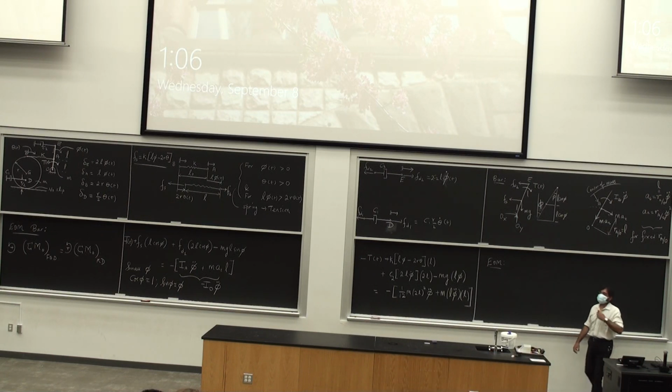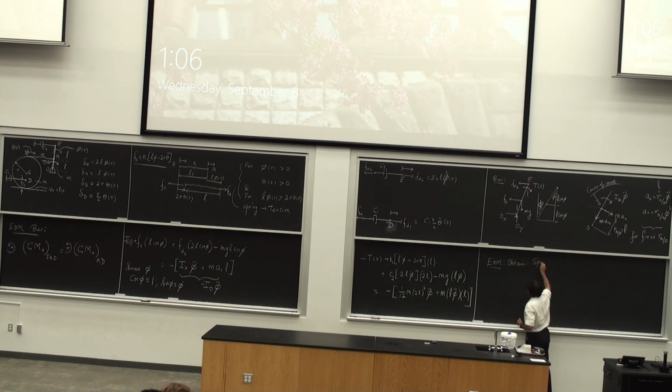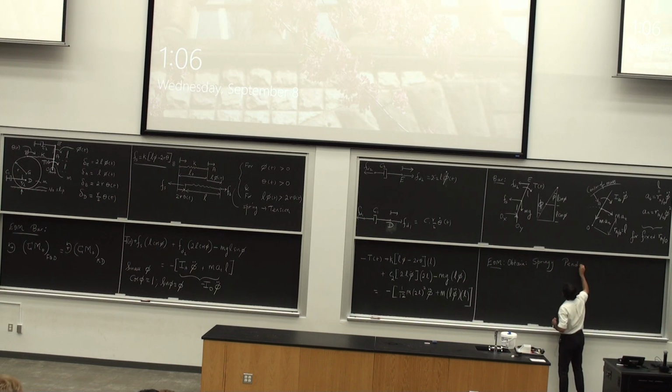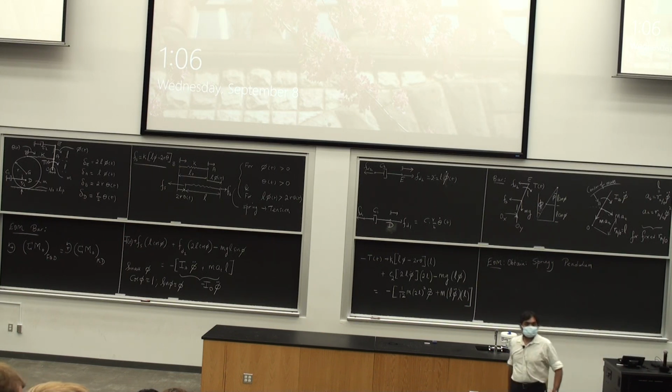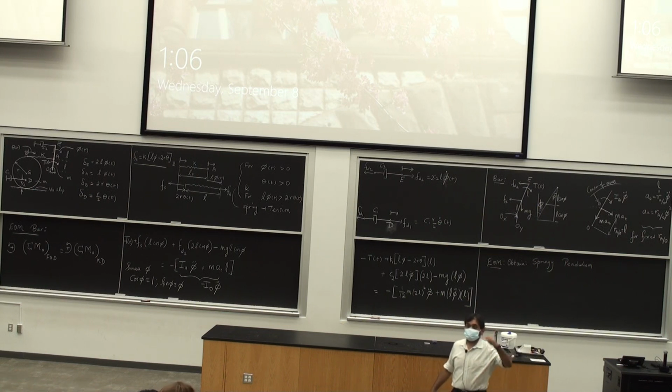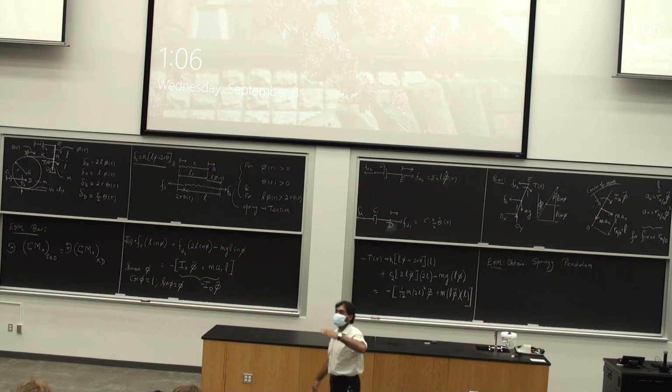Alright. Next problem is a much more interesting creature. Obtain the equation of motion of a springy pendulum. What is a springy pendulum? It's just a yo-yo with an extensible spring. And it's performing oscillatory motion, but it's also performing motion in the radial direction.